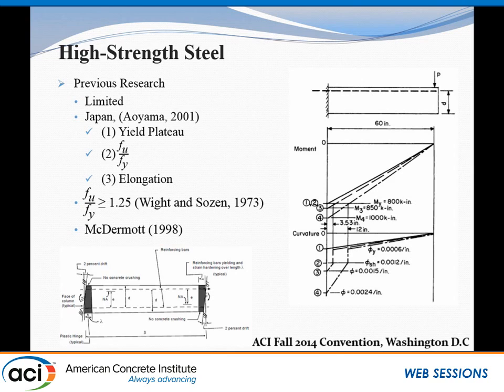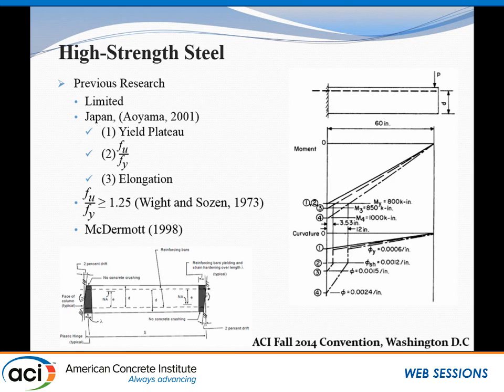However, this rapid increase does not contribute to any member deformation. To increase the member deformation capacity, a curvature area is needed, and that can be achieved only when you have steel that exhibits strain hardening behavior.